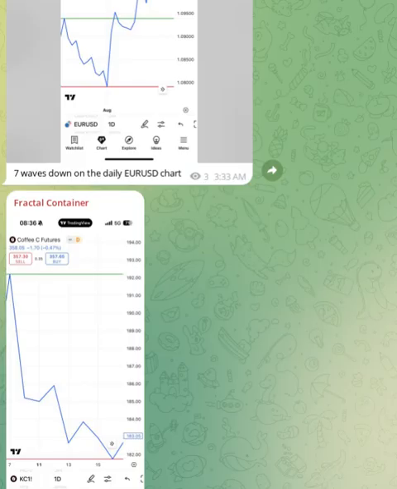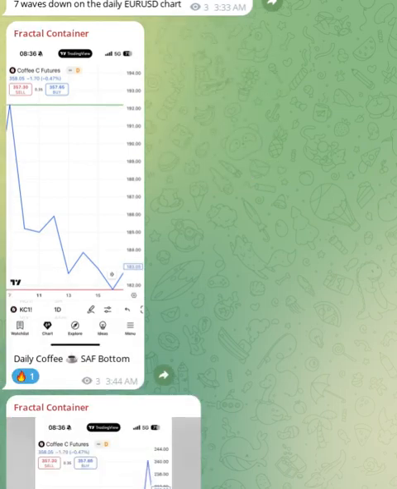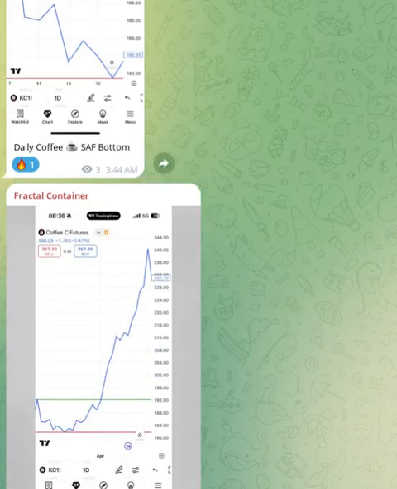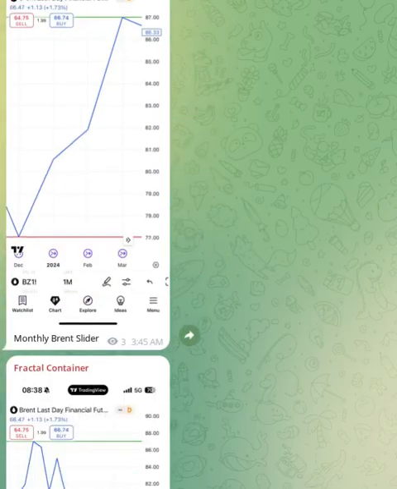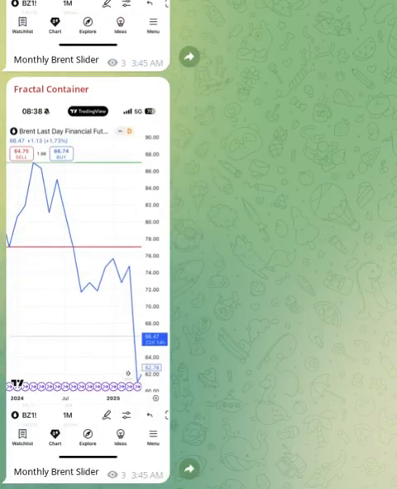We're not looking for 100 points a day. You know, I'm happy with 10, 5, 15 points, and then get out, because you'll find another similar fractal on another market for another opportunity. So the idea is to keep scanning the markets and find a particular fractal from our container and match it to the current chart.